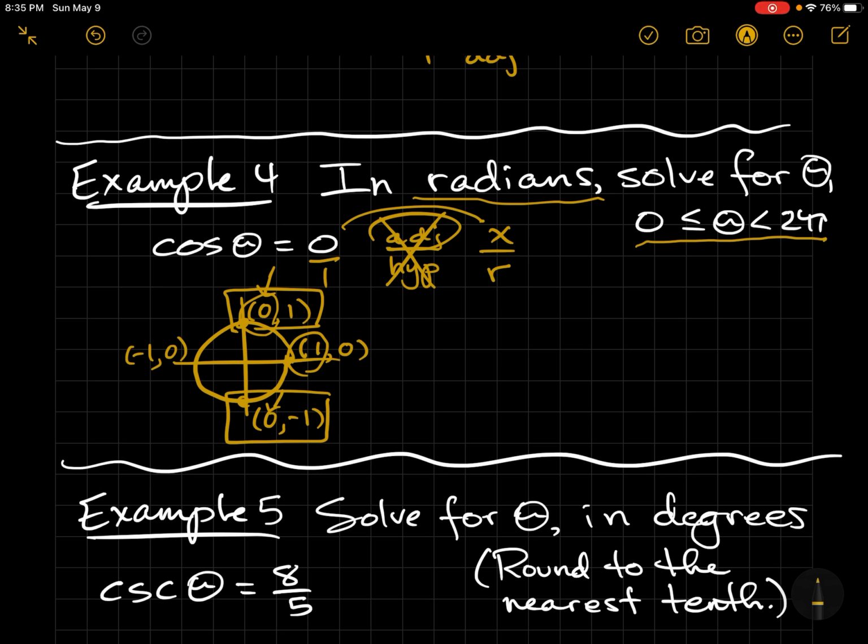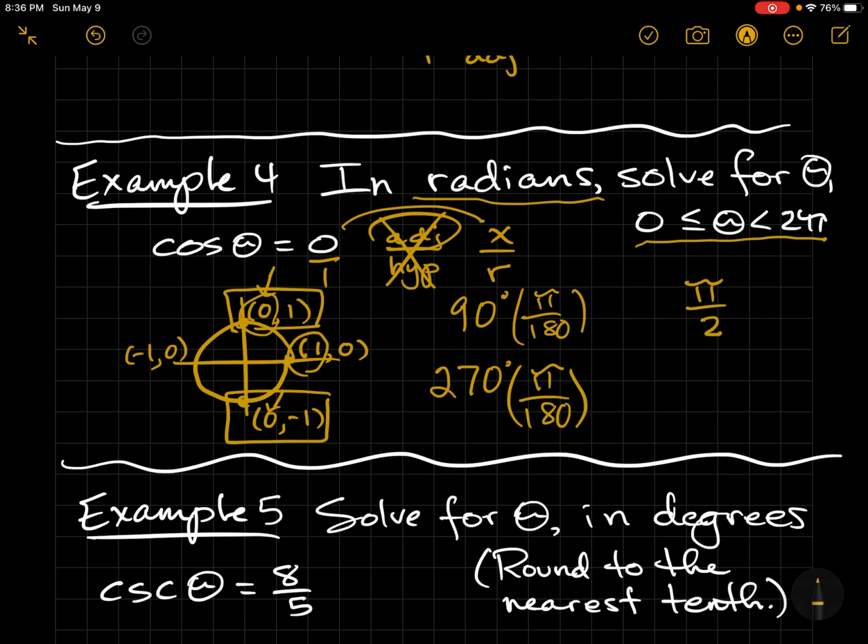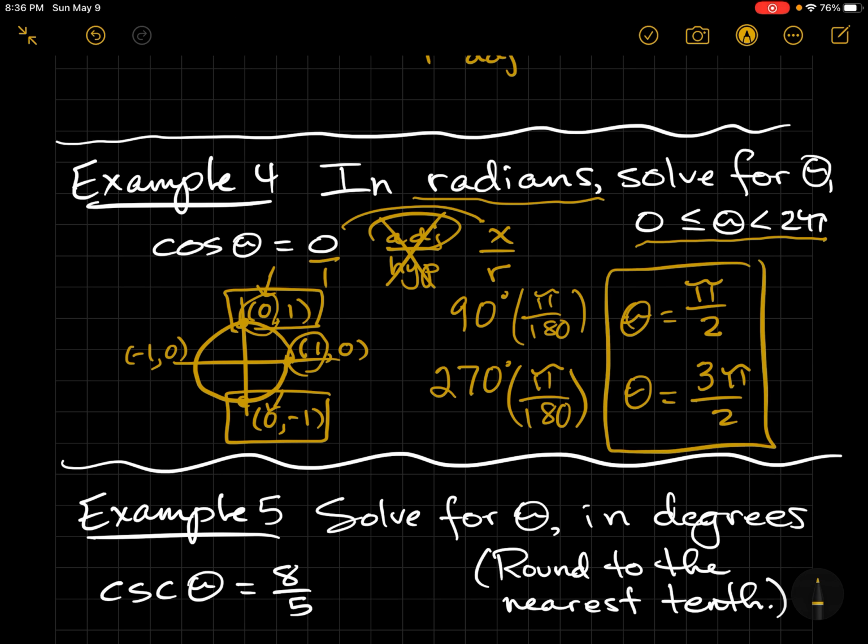It says between 0 and 2 pi in radians. So instead of saying 90 degrees and 270 degrees, I'm going to convert. And so I have two solutions, pi over 2 and 3 pi over 2. So those are my two solutions.